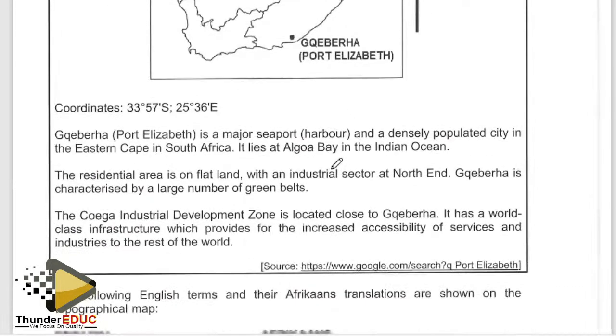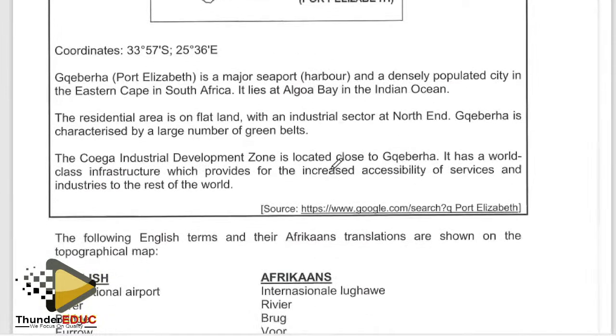It's about the map that we have. This information shouldn't be skipped. We must read it. Say, Port Elizabeth is a major seaport or harbor and densely populated city in the Eastern Cape of South Africa. It lies in Algoa Bay in the Indian Ocean. The residential area is on a flatland with an industrial sector at the north end.